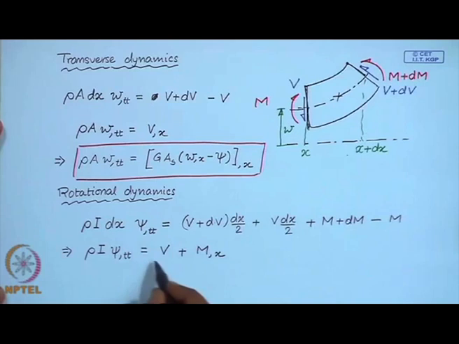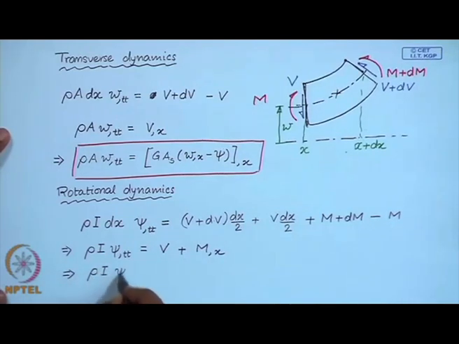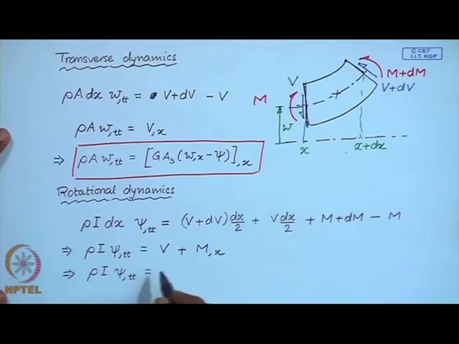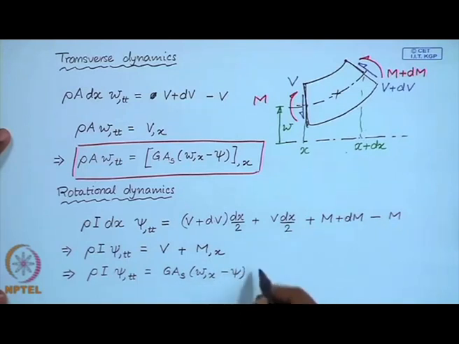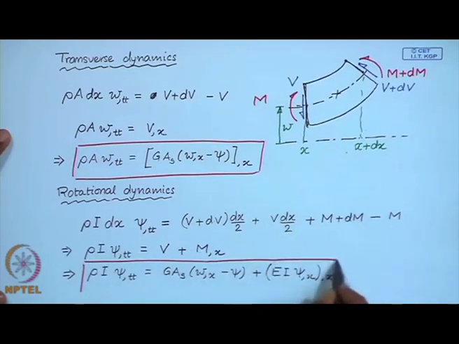Now, once again substituting these expressions of shear force and the bending moment in here, the bending moment is E times I times del psi del x, and this is what we obtain as the equation of motion of the rotational dynamics.